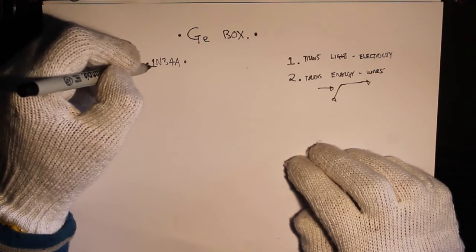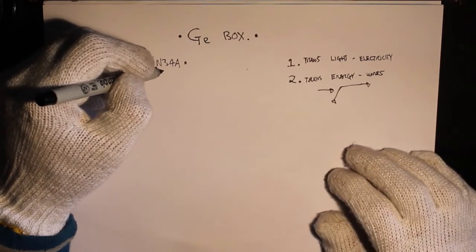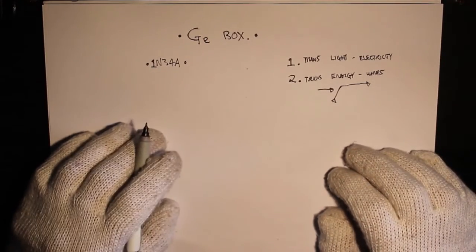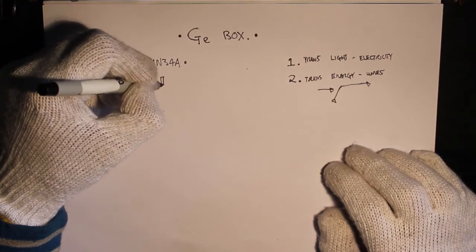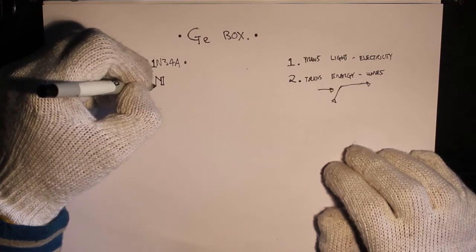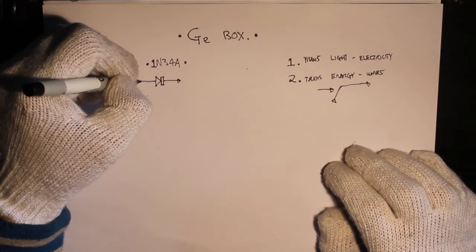It's a very sensitive diode that can run on just a very small amount of current, and it will act as a diode. So it allows the energy to go in one direction only.